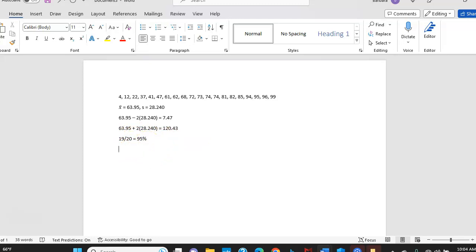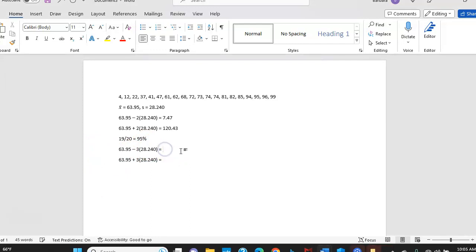But let's say we didn't. We would just go ahead and do three standard deviations below the mean and above the mean. And we're probably going to get 100% of the data at this point. Let's do those two calculations in our calculator.